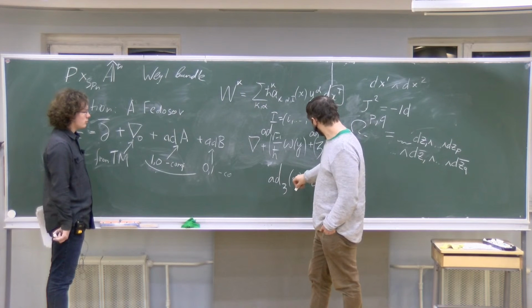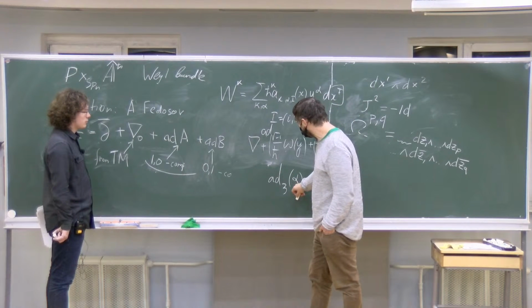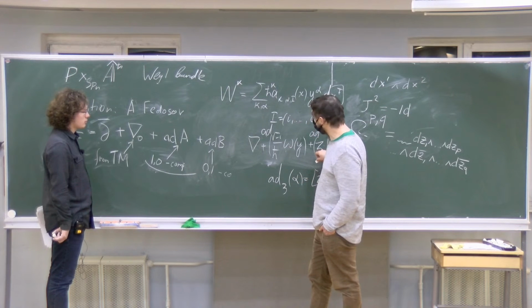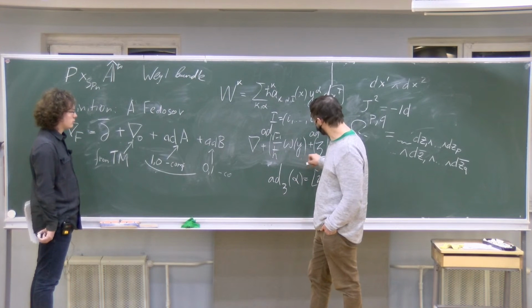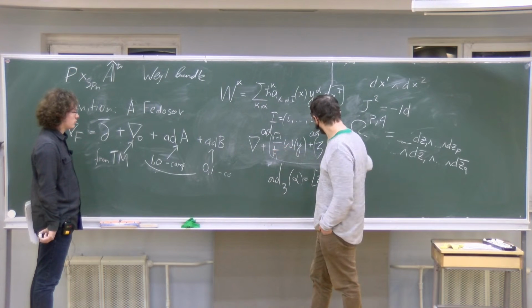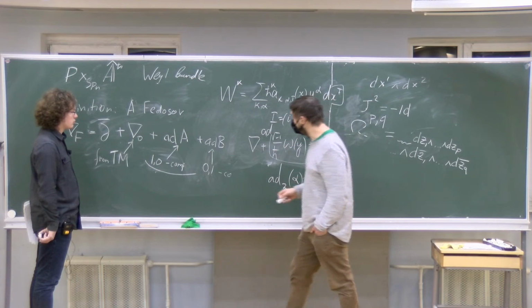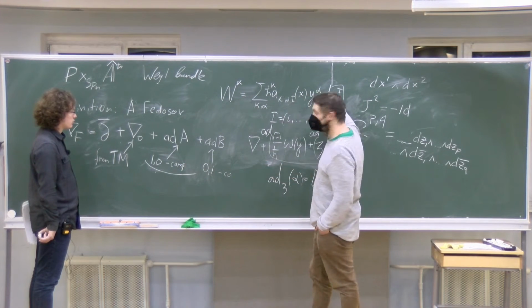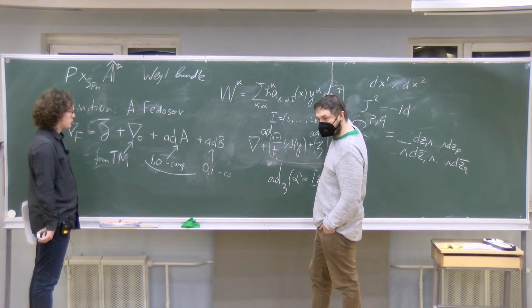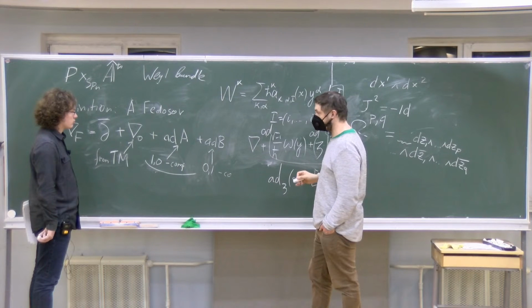Now, this is the adjoint action, and what Gleb actually does is split this part into a 1-0 form and a 0-1 form, according to the number of holomorphic and anti-holomorphic differentials which appear in this expression.